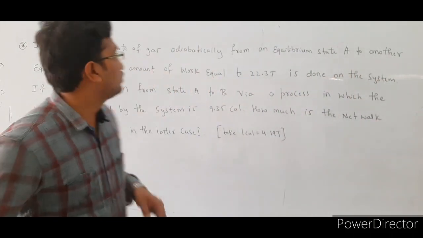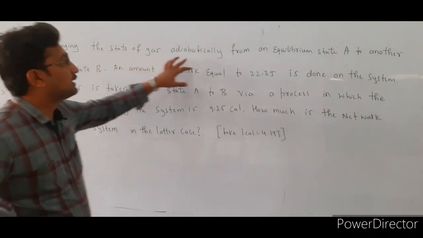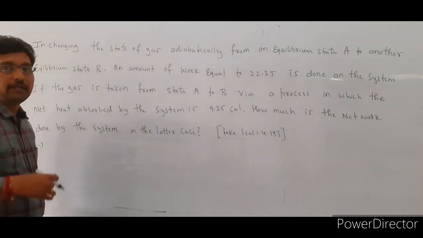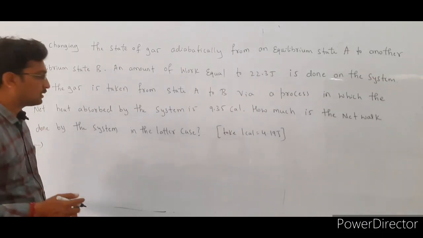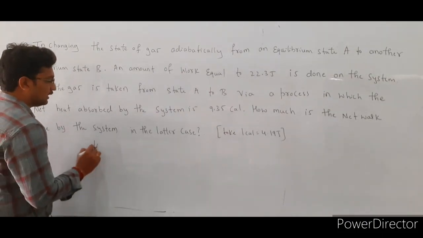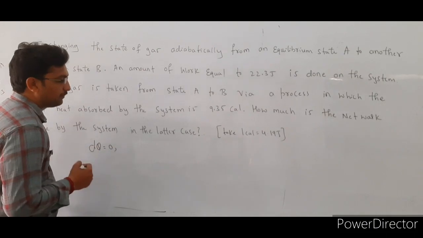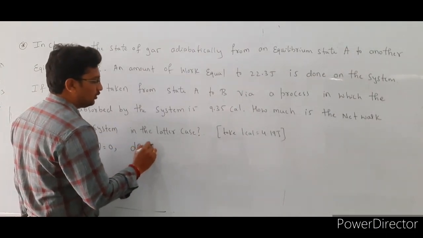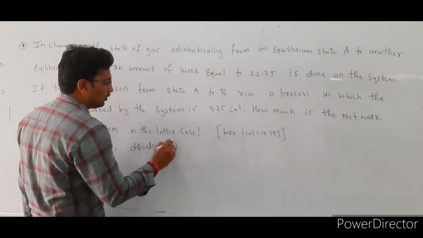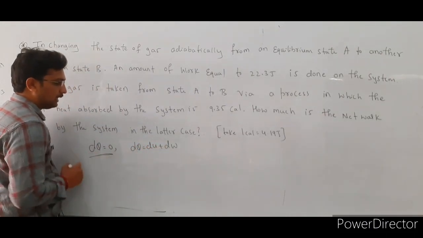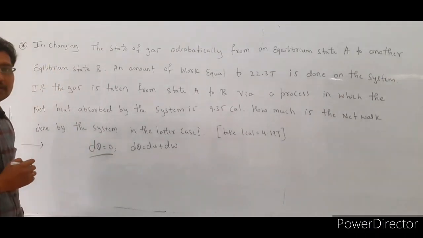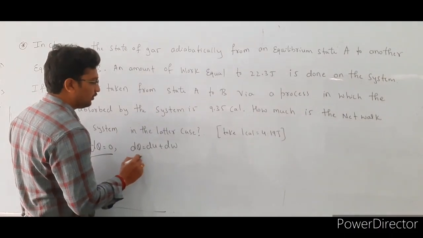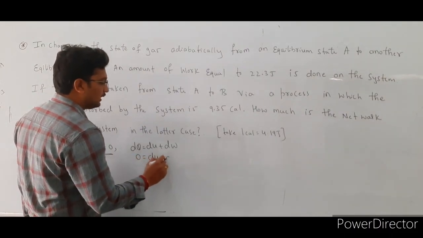Okay, see here in the first one, in changing the state of a gas adiabatically, in adiabatic process there is no heat exchange from system to surrounding or surrounding to system, that is dq is equal to 0. So from the first law of thermodynamics, dq is equal to du plus dw. Substitute dq is equal to 0 here, then du plus dw is 0.